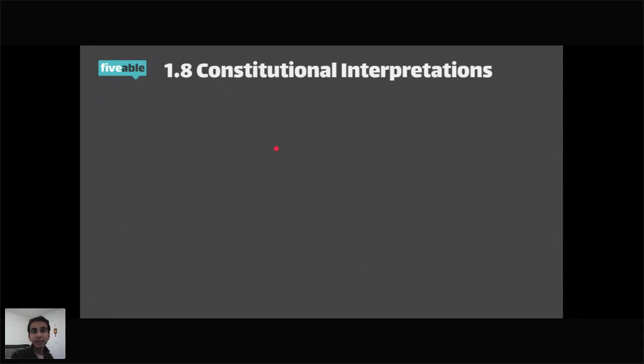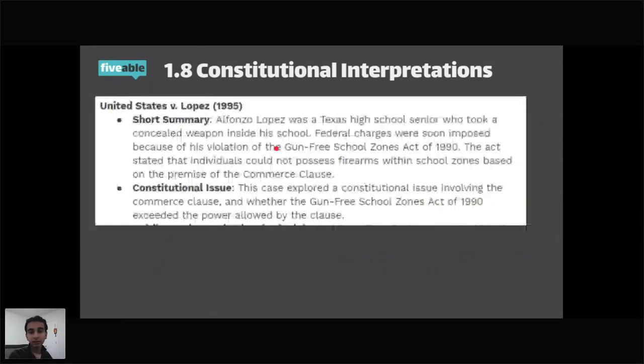All right, the next case that was also talked about in the standards for this 1.8 section is U.S. versus Lopez. In terms of the summary, there was a high school senior who decided to take a weapon to school, and the way they imposed charges was under the Commerce Clause.